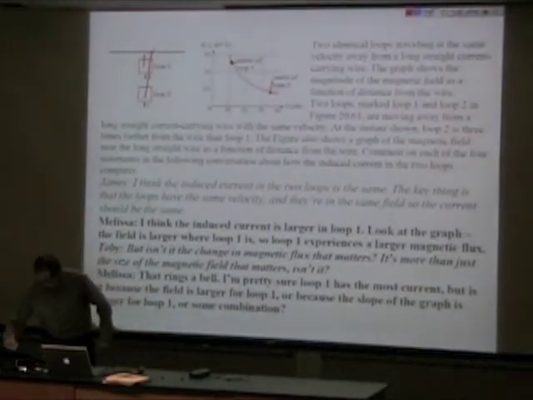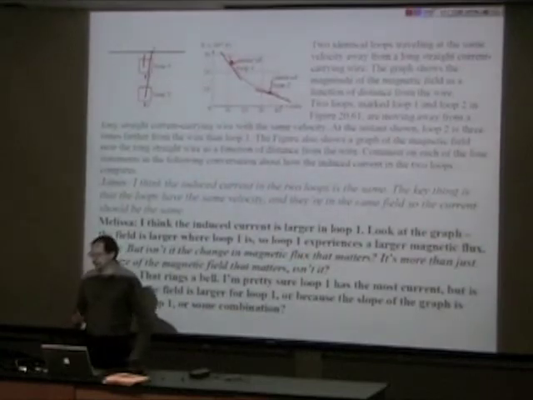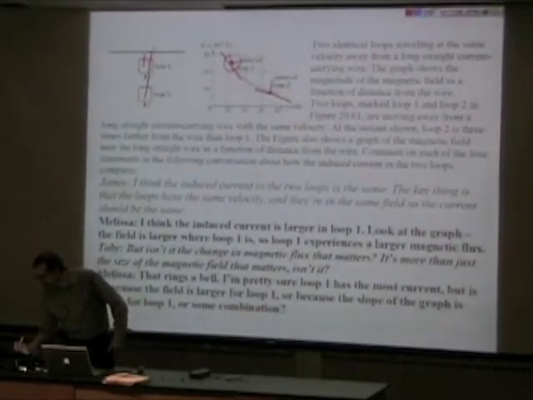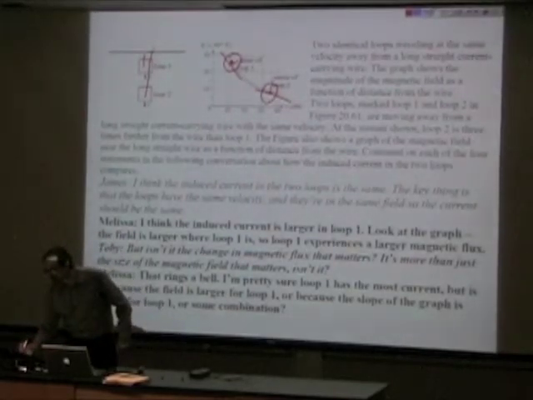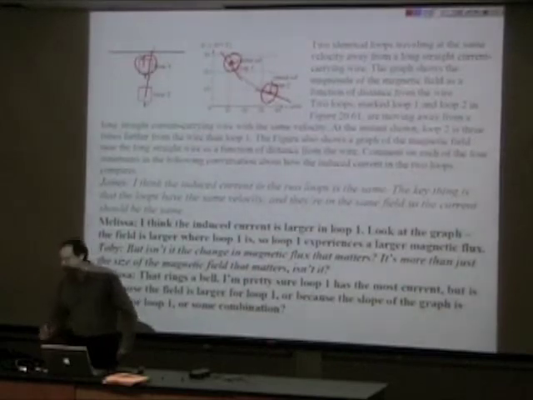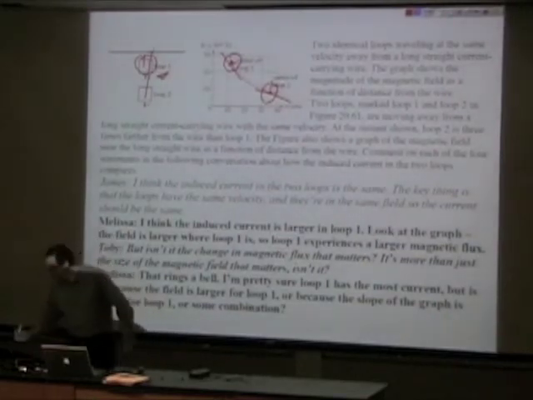But on a graph, the rate of change is always represented by the slope. And if we look at these two loops, at these two locations, here the slope is also larger. So change is happening faster here. And that means the induced EMF in loop number 1 is higher.